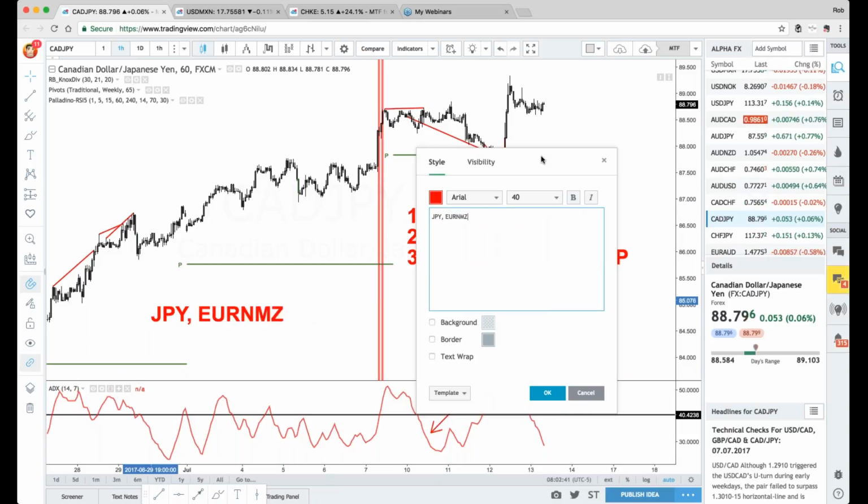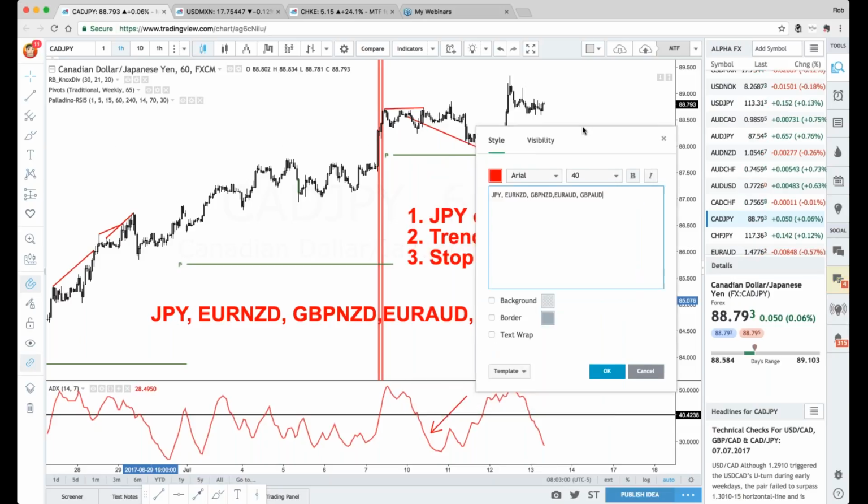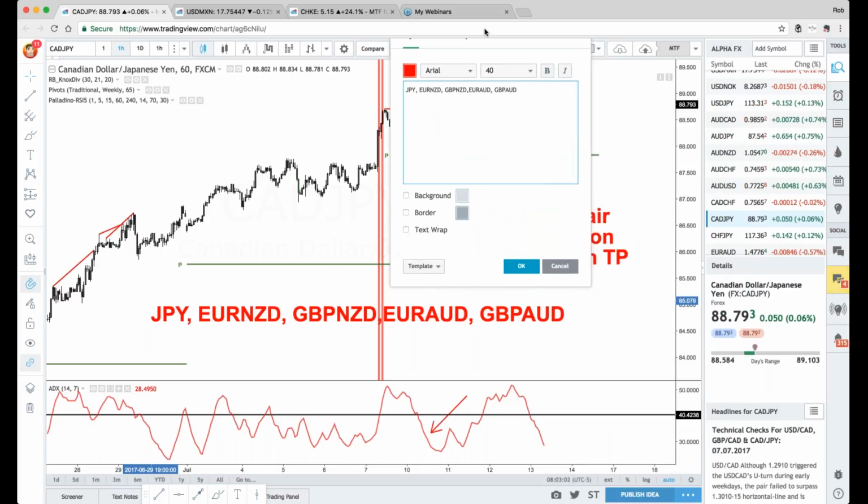And then after that, things like the Euro New Zealand, that's a really fast-moving, volatile currency pair. The British pound New Zealand dollar, that's another one. The Euro Australian, that's another one. The British pound Australian, that's another one. I would absolutely encourage any of these that you're seeing on my screen right now. Those are all really good choices.